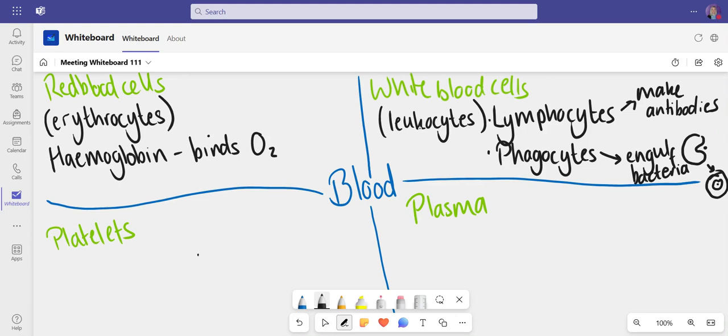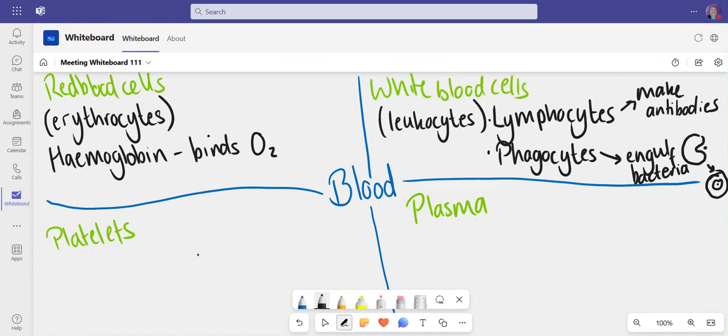So the fancy name for white blood cells in general is leukocytes. And then we've got 2 types of white blood cells, lymphocytes and phagocytes. The lymphocytes are the ones that make antibodies, and the phagocytes are the ones that engulf anything foreign. They recognize that something's non-self. We call non-self things in the body foreign. And it recognizes anything that's not your own cells and engulfs it.